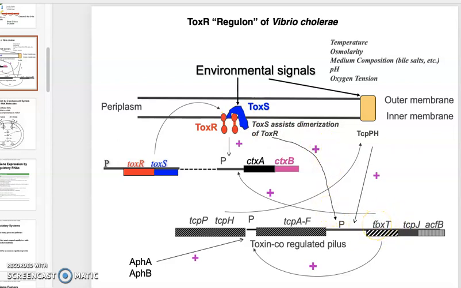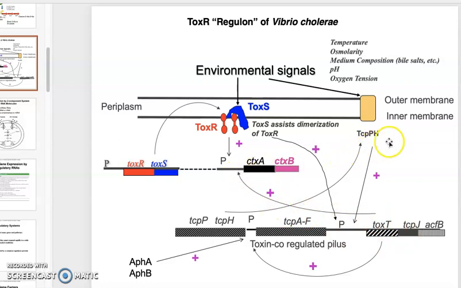ToxT is itself a transcriptional activator, which can be synthesized and activates the expression of this toxin co-regulated pilus. So the toxin co-regulated pilus does a bunch of things, like, for example, helps cholera cells stick together and clump up, which is an adaptation for survival in the host. And then ToxT also activates expression of more cholera toxin.